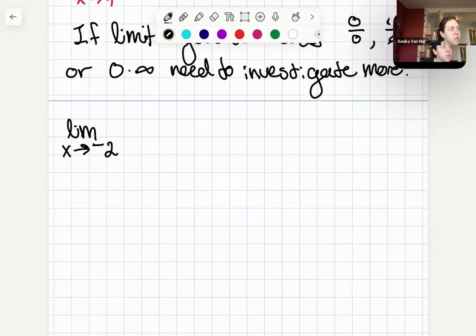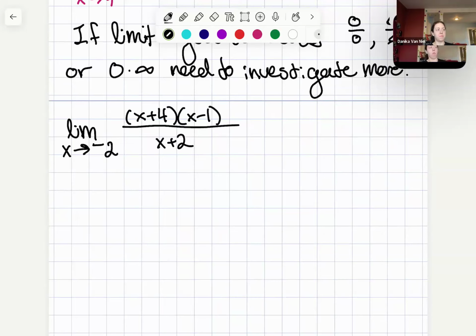Wait, I feel like I scrolled past one. Oh no, I didn't. Okay, limit as x goes to -2 of x plus 4 times x minus 1. So now I've already factored for us this one. Hmm. Well, this one, the limit of our top exists, the limit of our bottom exists, but it's 0.